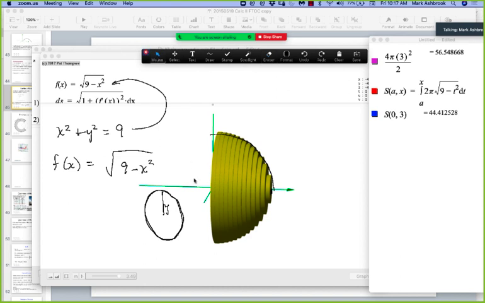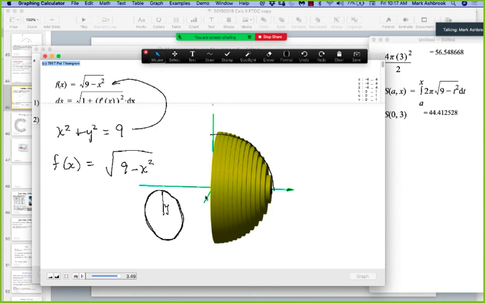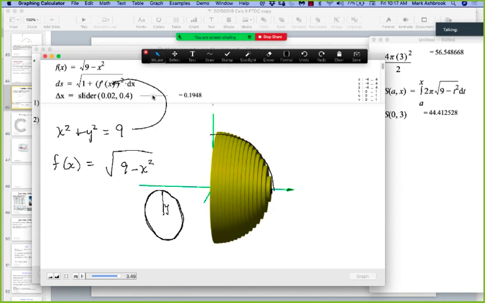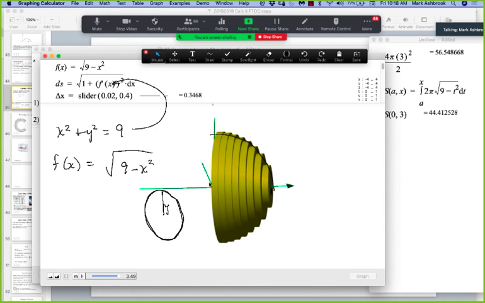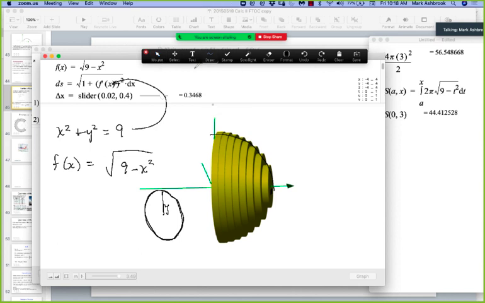So let's take a look at what we assumed. Notice, I'm going to make these a little bit bigger. This is for a bigger delta x. Same principle here, but I'm showing a bigger delta x. So notice that as x increased, we were increasing along what?